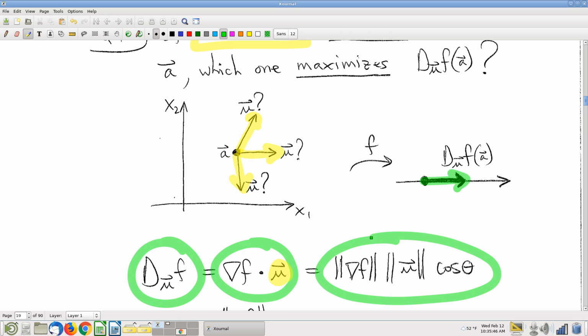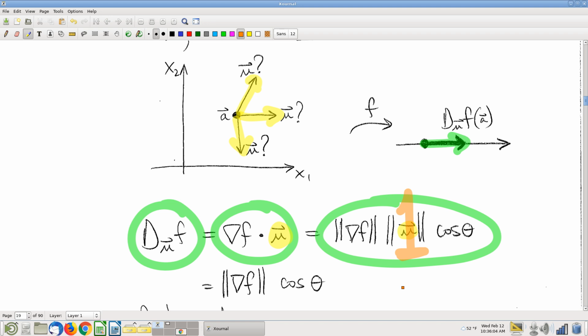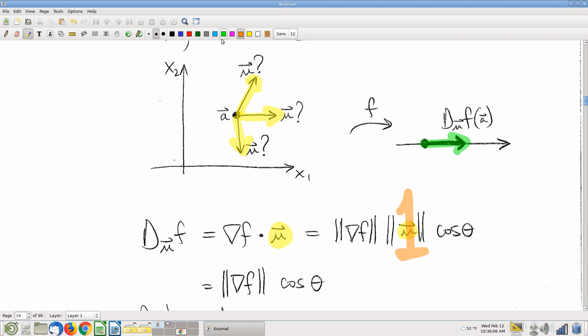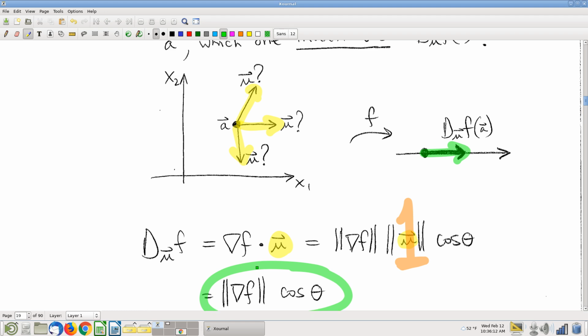So I want to make this expression here as big as possible. Don't forget, u is a unit vector, and so that means that this whole factor right here is just a great big factor of 1, the magnitude of a unit vector. So let's get rid of that. Right? So the thing that I want to maximize, there's a formula for it. How do we maximize this thing?